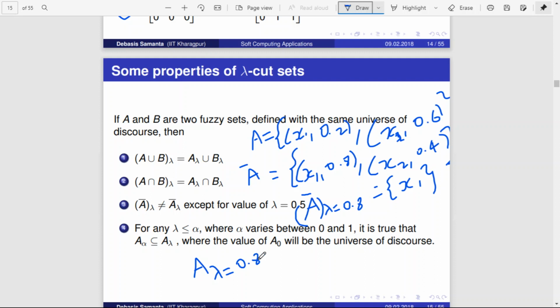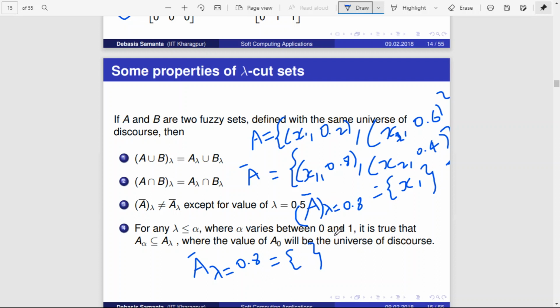Nothing is greater than or equal to 0.8, so it will be a null set. Then you perform the complement of it. The complement of a null set is also a null set only.